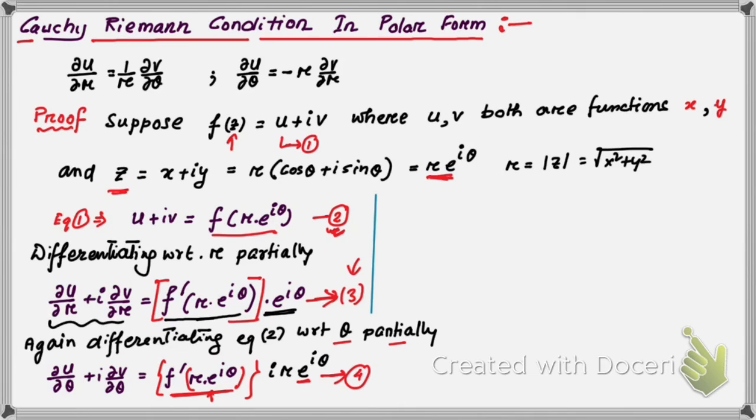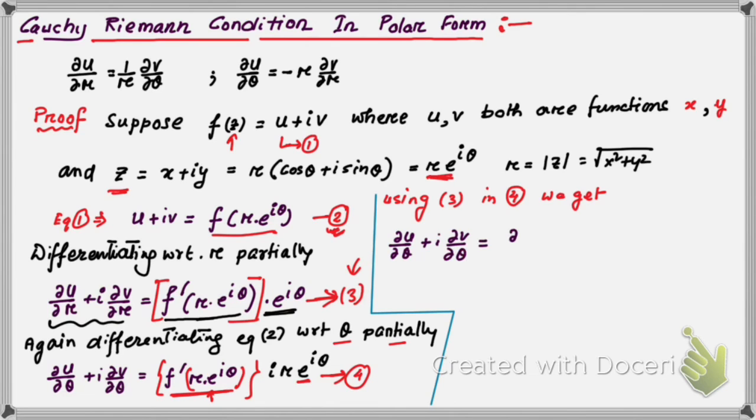Now let me write it as it was. Using equation number 3 in 4, we get this. Here this one into this one is replaced by the left hand side of equation number 3.